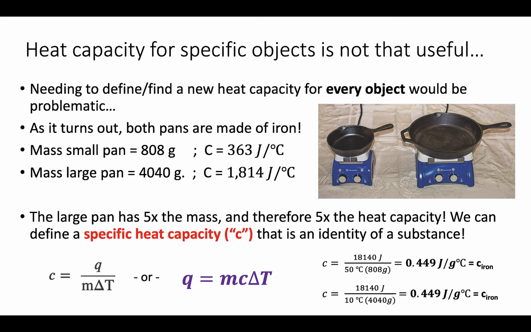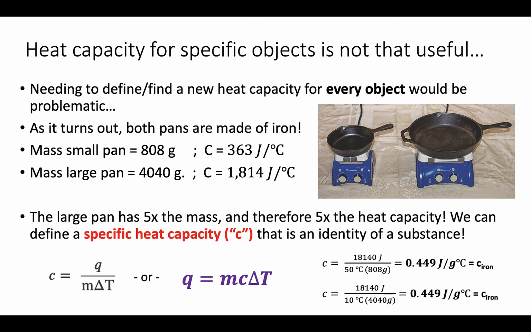So again, heat capacity, big C, depends on the object. And in general, especially in this course, we're not going to use that very much, but still it does come up sometimes, right? Like if you're taking a lab where you do calorimetry, you may have an enclosing device that has some amount of heat it absorbs, but is made of different parts. So you may define a big C heat capacity based on that.